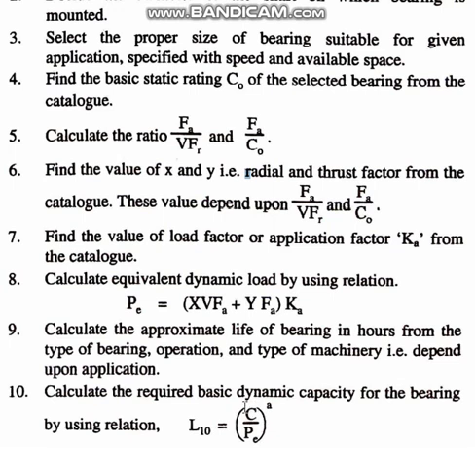Once you know the required C, compare it with what is given in the catalog. If the basic dynamic capacity of the bearing is more than the required one, then you can stop there.